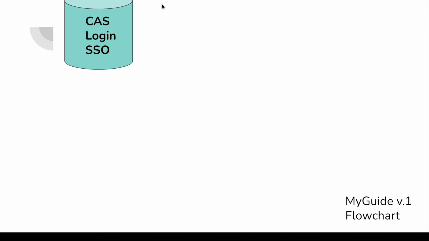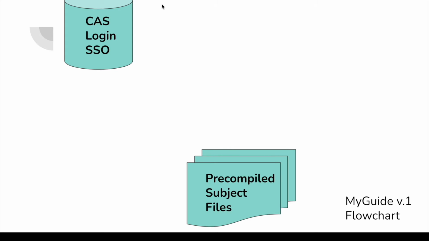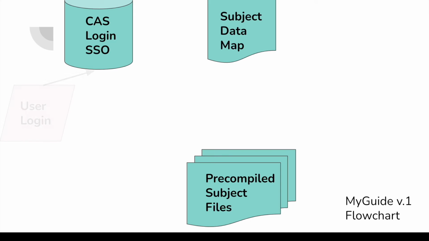Okay, so we have a login system that knows about a user's various subject indicating codes, a collection of files that knows about the librarians, databases, and subject guides for each LibGuide subject area, and a file that maps the relationships between the campus codes and the LibGuide subject areas. These are all the primary building blocks that make our dashboard possible.